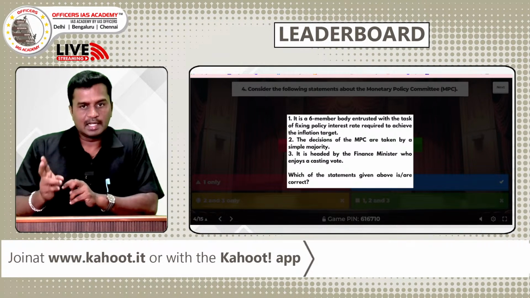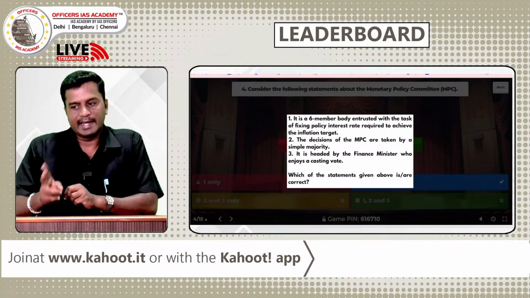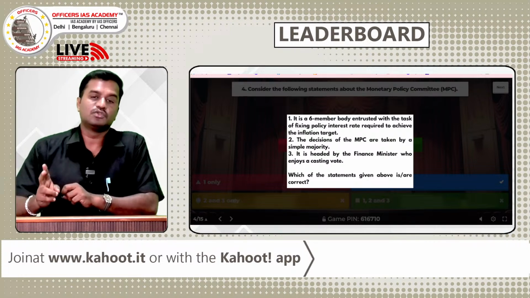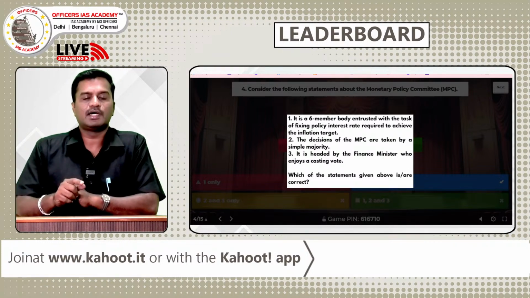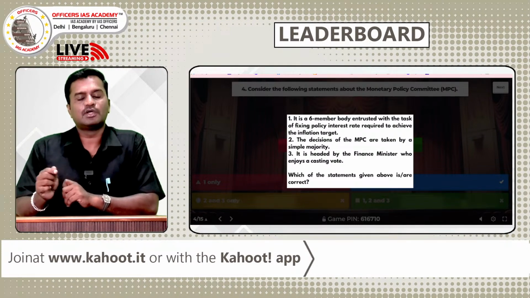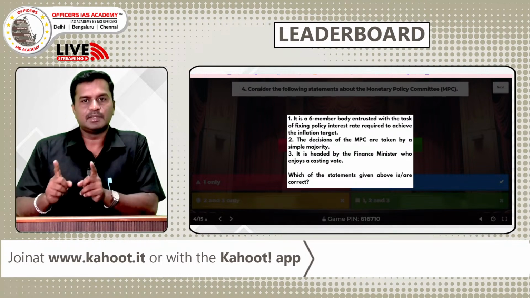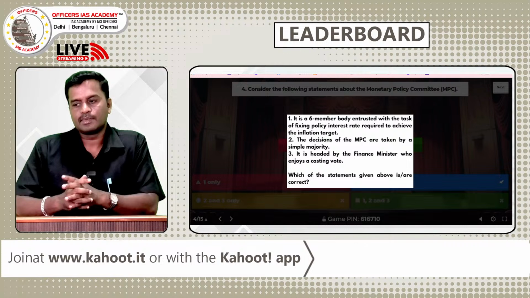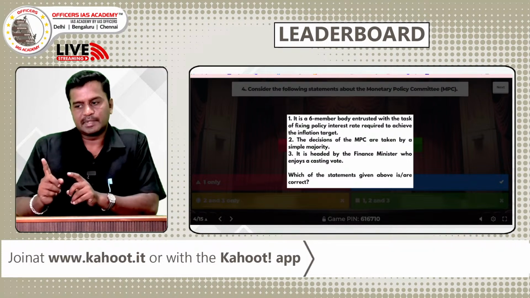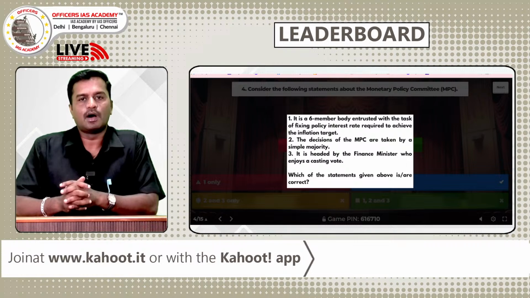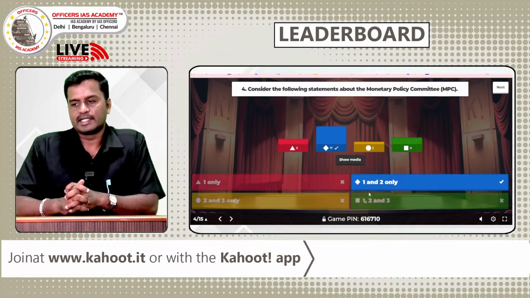The Reserve Bank Governor actually heads the MPC. So RBI still plays a major role in the monetary policy through the MPC. So statement 3 is wrong. Statements 1 and 2 are correct. Next question, please.